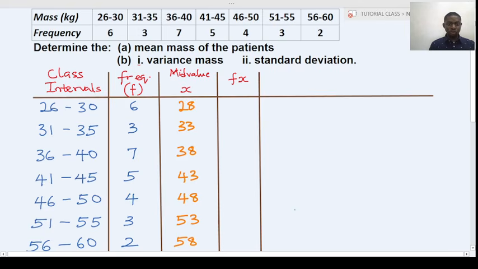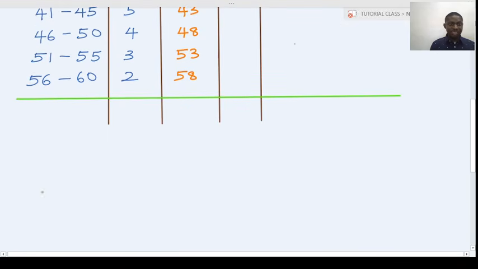Now that we've been able to do this, remember when calculating the mean, the formula for the mean is that mean equals the summation of fx over summation f.